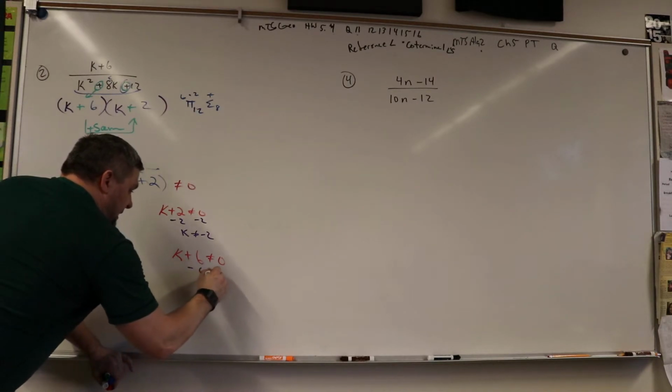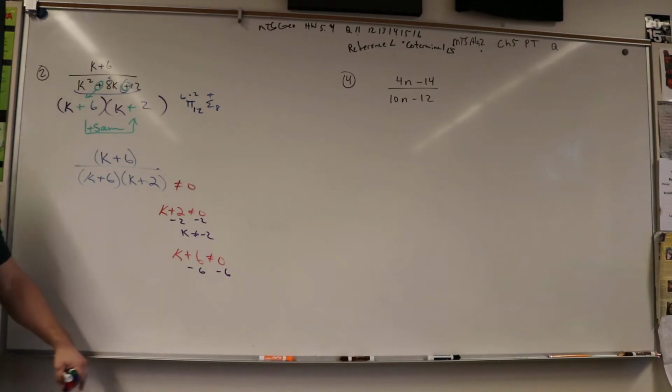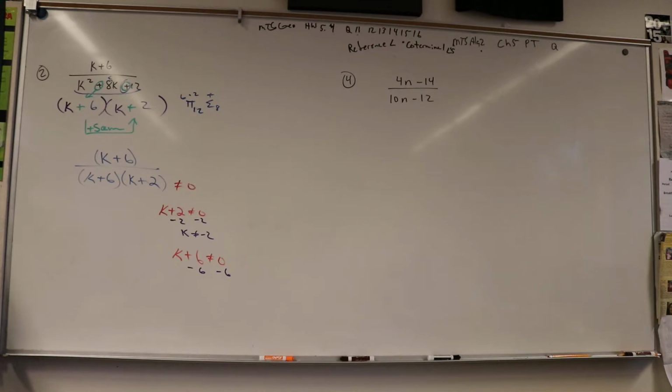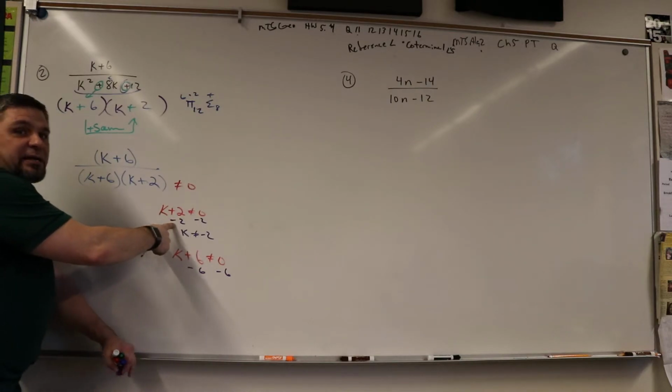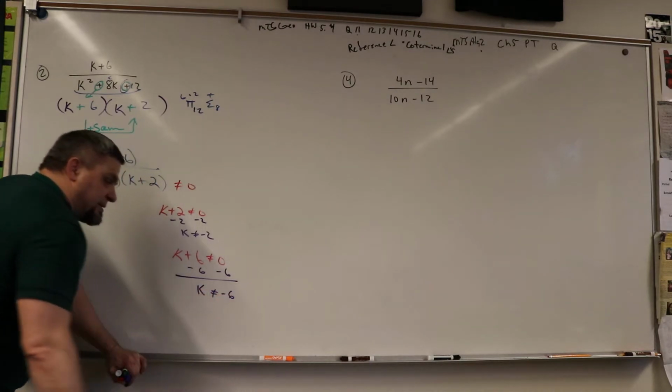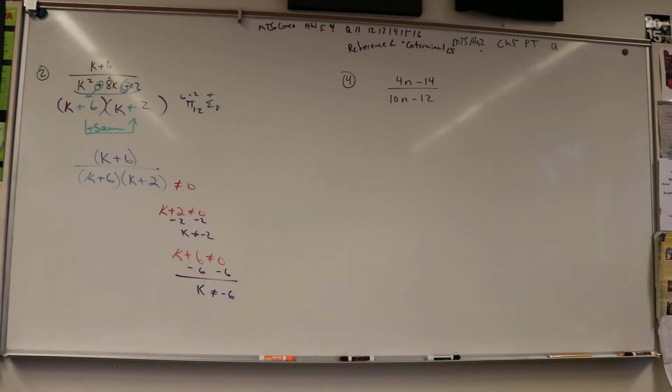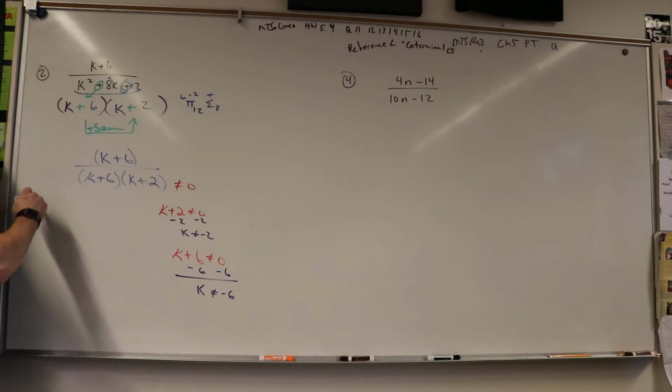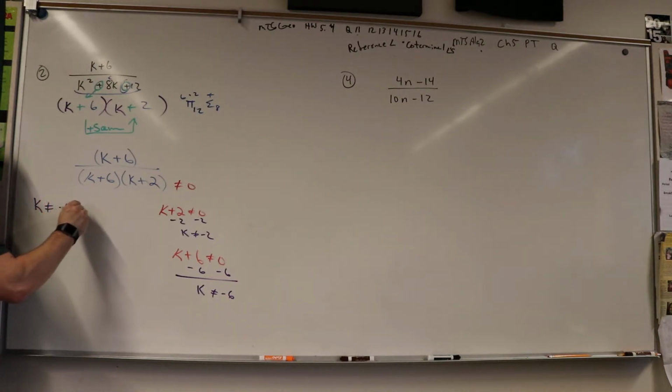I subtract 6, because that's your basic math, right? Just subtract or add, always the opposite. I'm adding, so I subtract. And I get K cannot be negative 6, or negative 2.